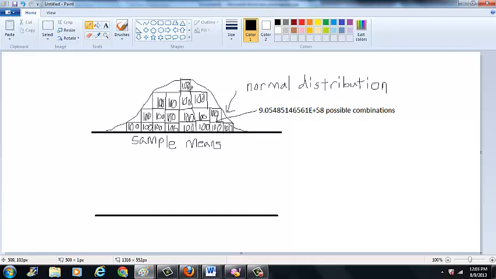A t-distribution is a little bit different of a shape than a normal distribution, but if you have large samples over 30, then it's pretty much a bell shape. The t curve is pretty much bell shaped. So just draw another bell shaped curve, like this.